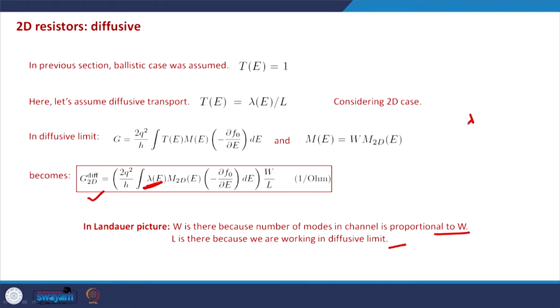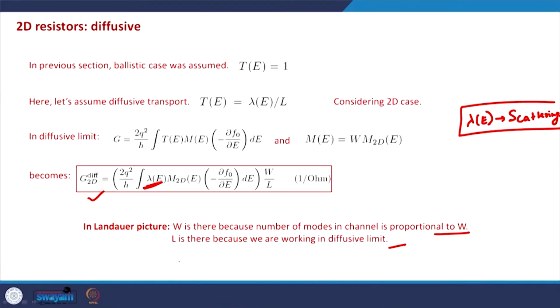This lambda essentially comes from the scattering in the channel, and this is a topic that we have not dealt with in detail: the scattering, and how the scattering length, the mean free path of the electrons, can be calculated as a function of energy. So we will see, if there is time left, we will also revisit the scattering and try to calculate lambda as a function of E.